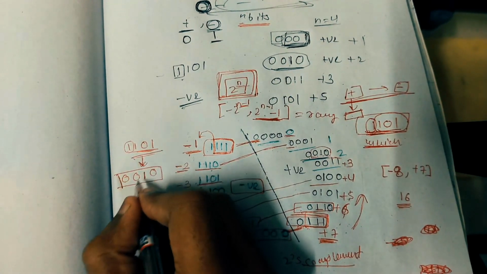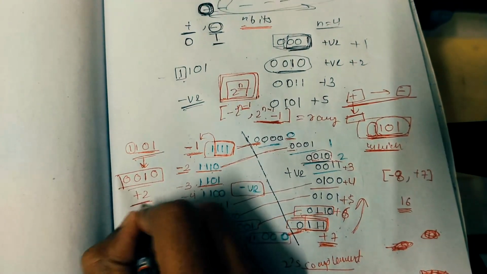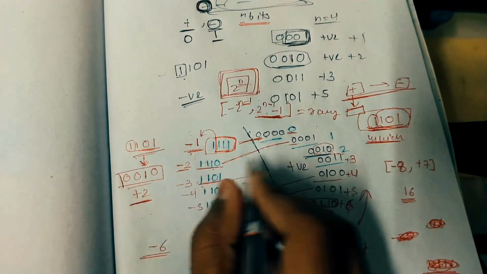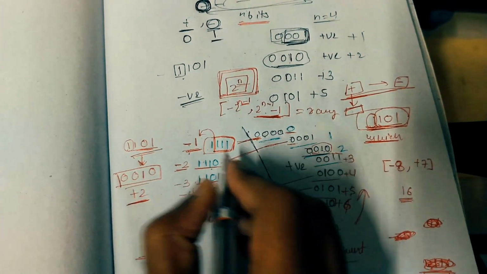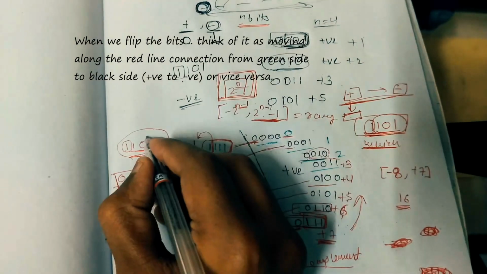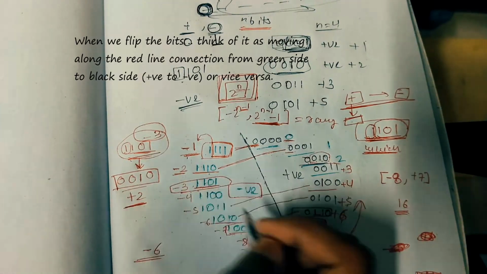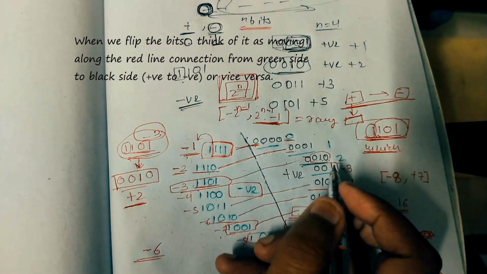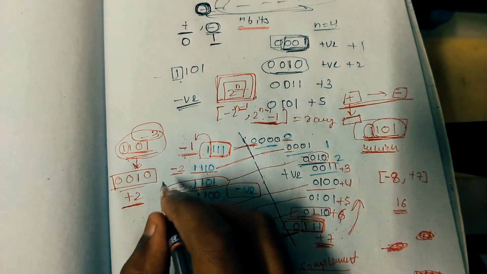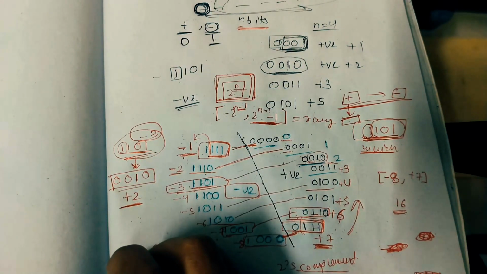If you flip its bits, it gives you +2, but we know that +2 matches -3. So this means this is representing -3. I hope this concept of conversion is clear.